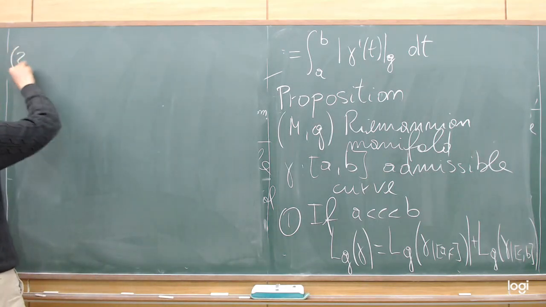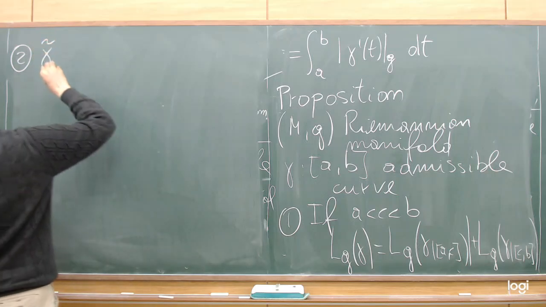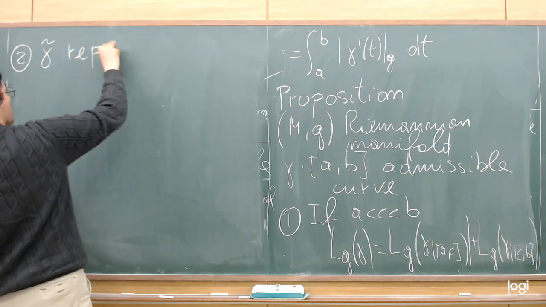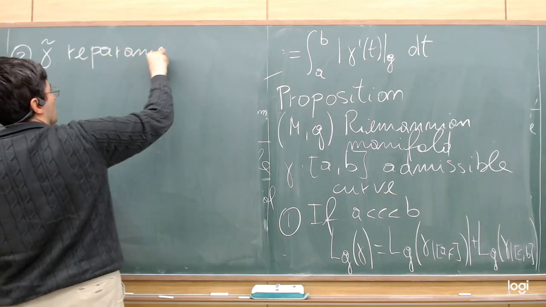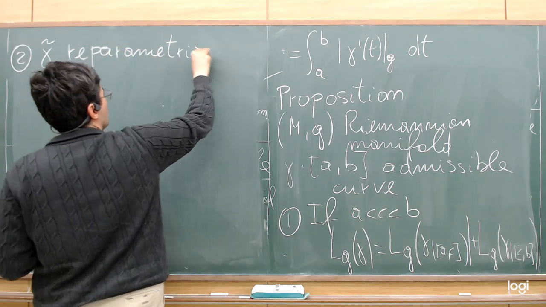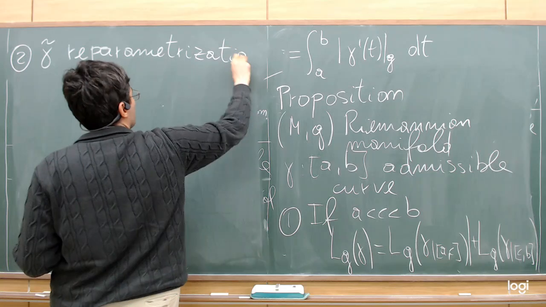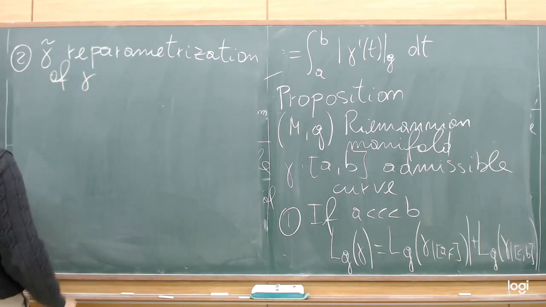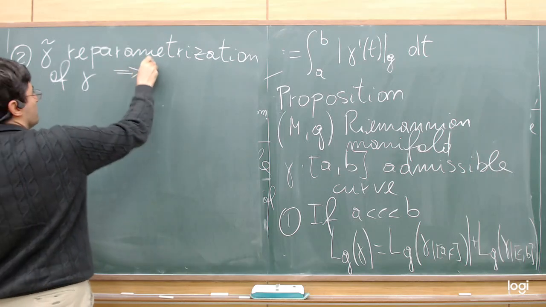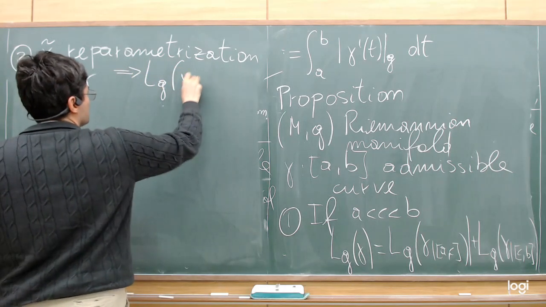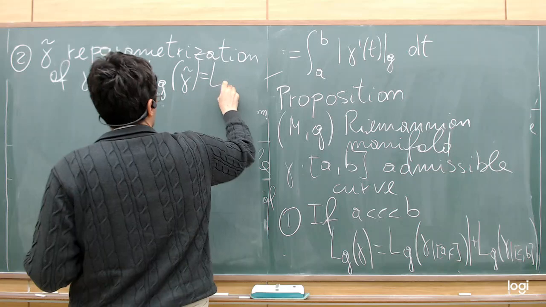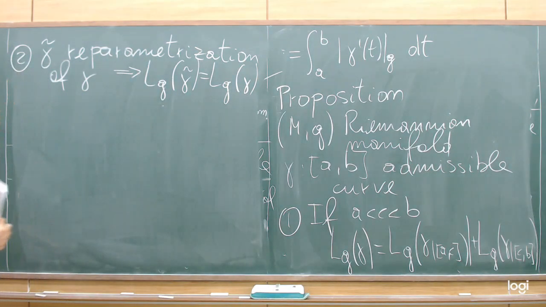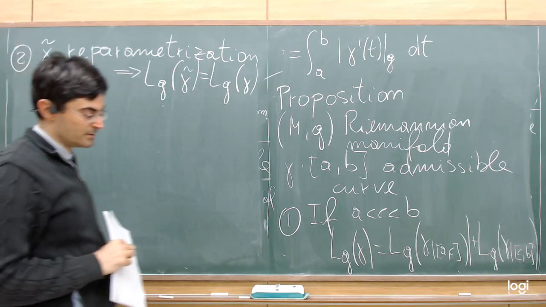Two, if gamma tilde is a reparametrization of gamma, then the length of gamma tilde is the same as the length of gamma. This follows easily from change of variable.